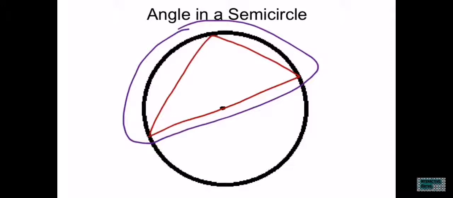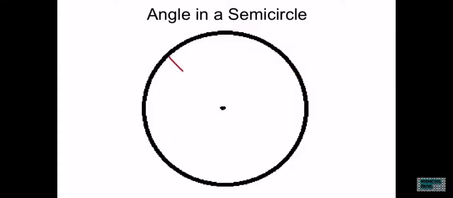And all the theorem says is that if we have a diameter, then that diameter is the hypotenuse of a right angled triangle. So up there we have a right angle. And no matter what the triangle looks like, if we have a diameter, the angle opposite is always a right angle.